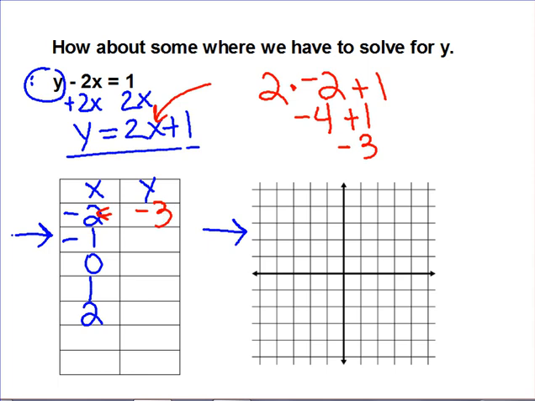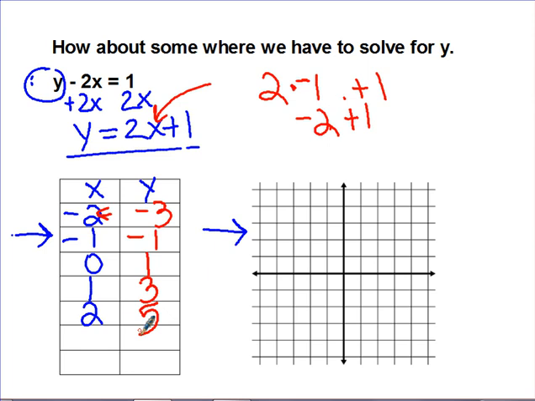Now we've got to try the same thing again, but instead of negative 2, it's now just negative 1. 2 times negative 1 is negative 2. Negative 2 plus 1 is negative 1. And as I continue, 2 times 0 is 0, 0 plus 1 is 1, 2 times 1 is 2 plus 1 is 3, 2 times 2 is 4 plus 1 is 5.